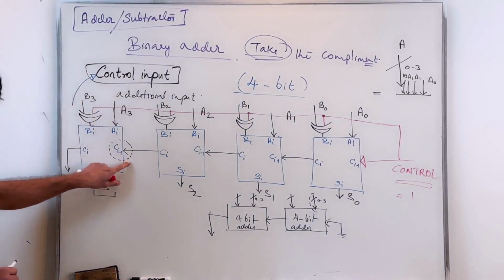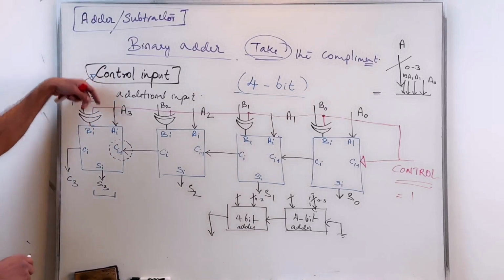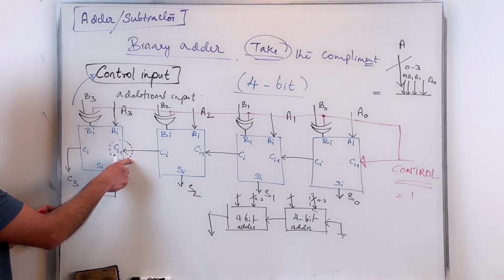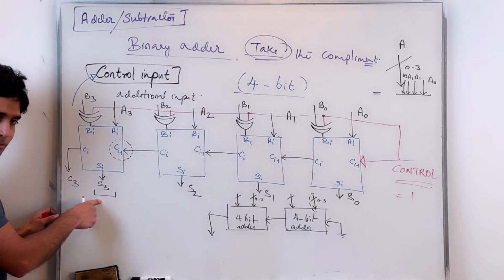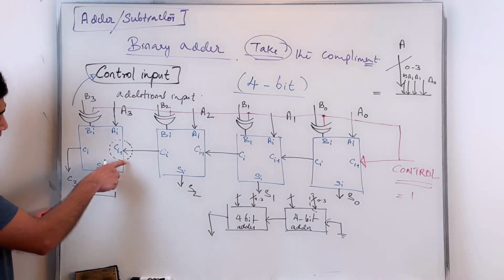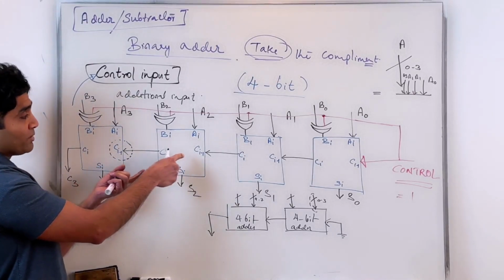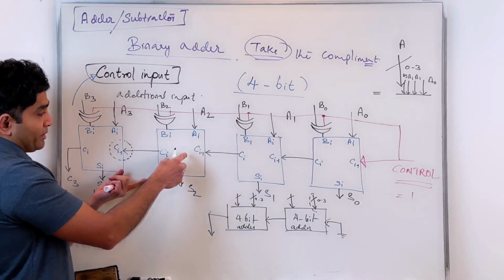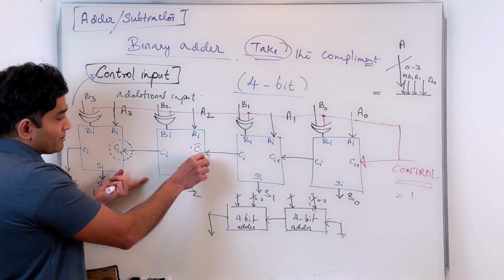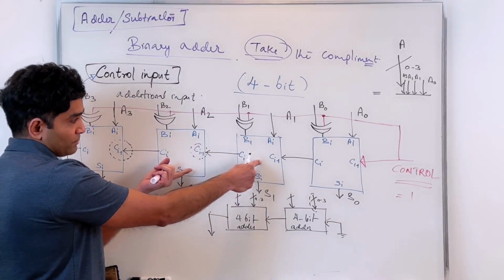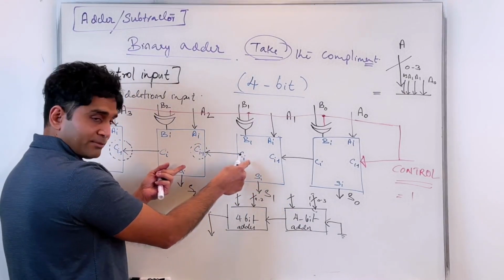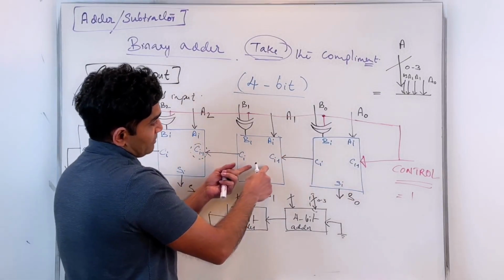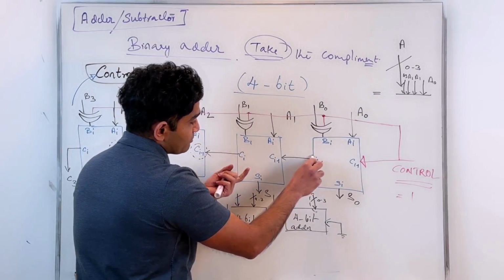If I have the right carry in here, then I'm adding A3, B3, which are applied directly to this module, along with this carry in, and then I get the right sum and the right carry out. However, to get this right carry out, I need to do this operation first, right? Then again, this particular module would require the right C in here. And this right C in is computed by this module. So I need to wait until this module completes the computation to find the right C in. And again, this module depends on the C in from this module.